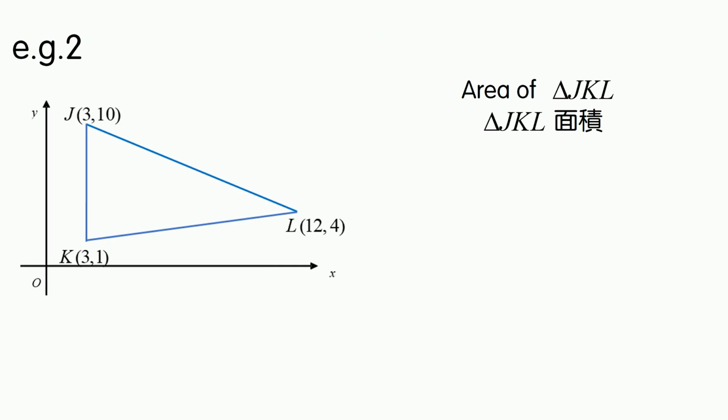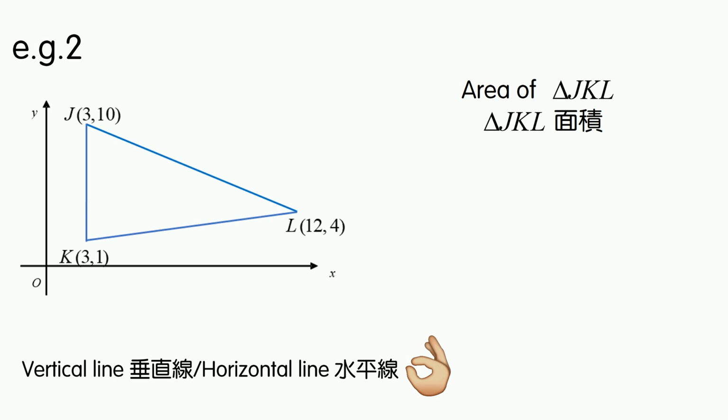Now, how about if we remove the grid lines? Can you still find the area of JKL? So, we still need to stick to this one. Can we find any vertical line or horizontal line here? By looking at the coordinates, we know that JK is the vertical line because their x coordinates are the same.